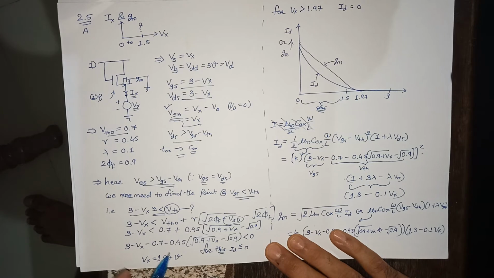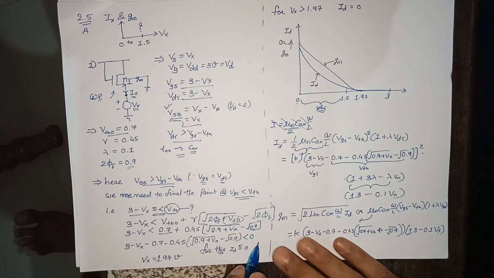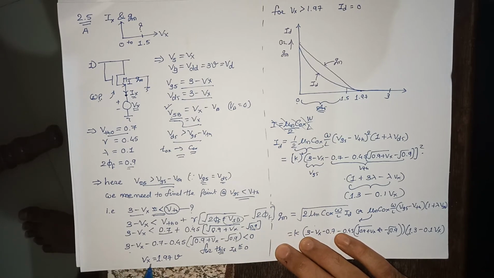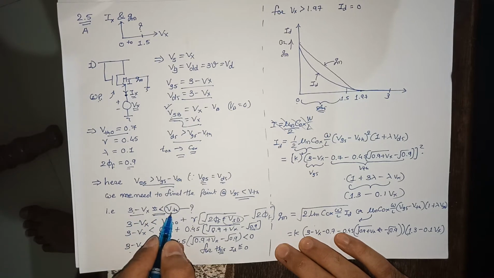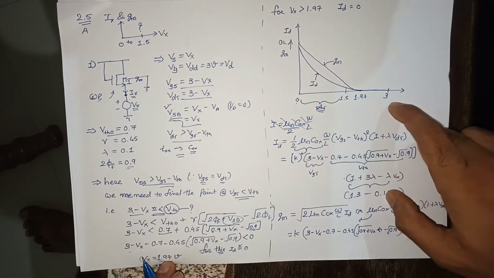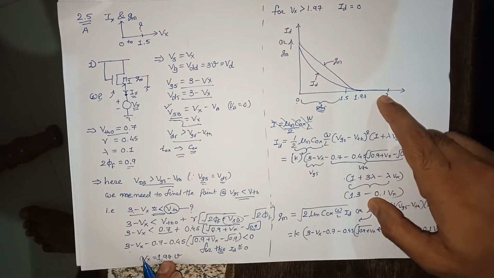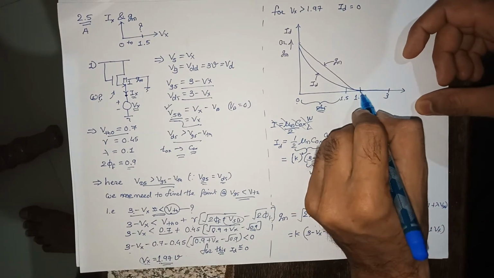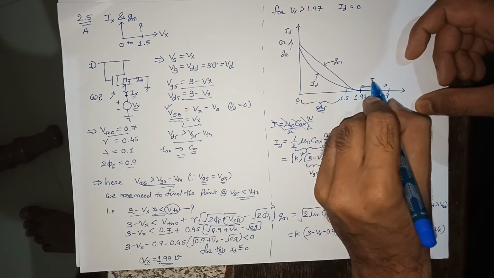If you follow this procedure, I put the values of VTO, gamma, and Fermi potential of 0.9, taken from table 2.1. After that, the value of Vx at which VGS equals VTH is Vx equal to 1.97 volt. Beyond this voltage, that means higher than this voltage, while moving from 0 to 3, ID will be 0, that is this portion. Here ID will be 0.